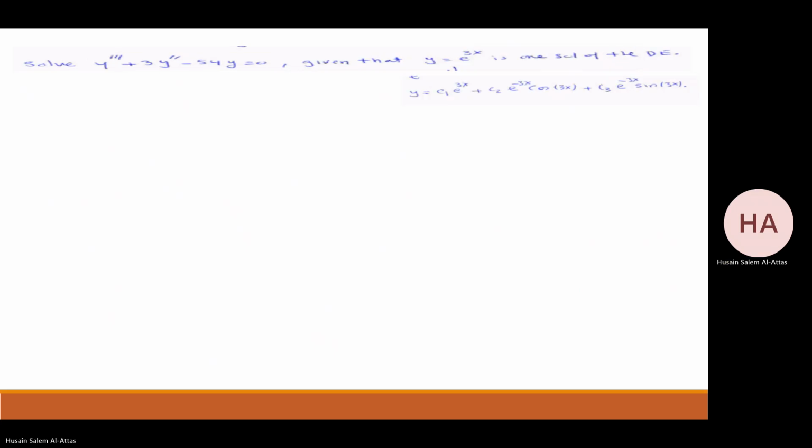Yeah, let me do this one. The auxiliary equation is r cubed plus 3r squared minus 54, which is not easy to find the roots of.